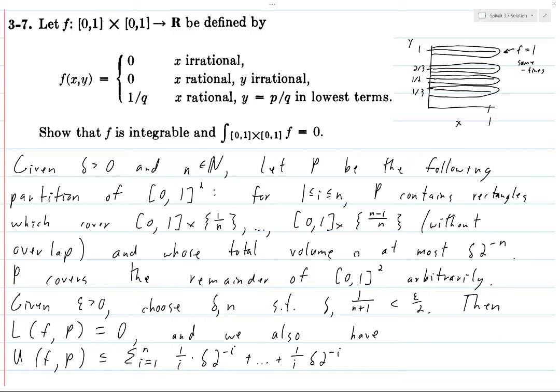If you consider all of the rectangles which cover anything of the form [0,1] cross k/i for k between 1 and i minus 1, then the total volume is going to be less than delta times 2 to the minus i. And the maximum value over these rectangles will be 1/i. So we indeed have this sum. Okay, so I was correct.